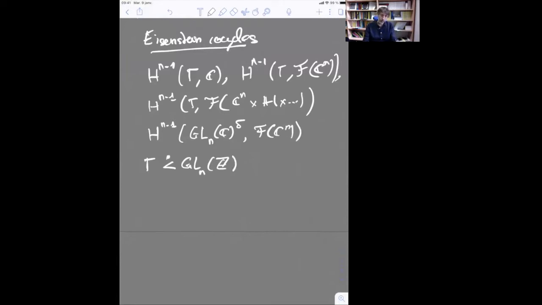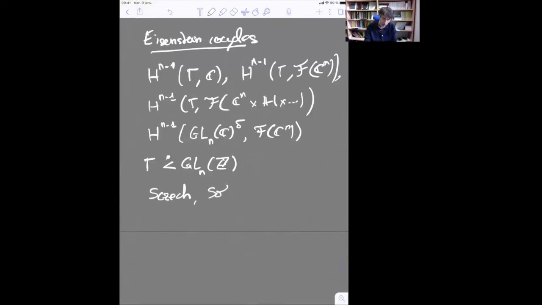These cocycles were constructed by many mathematicians. I won't name all of them, but I want to name Sczech to be sure.